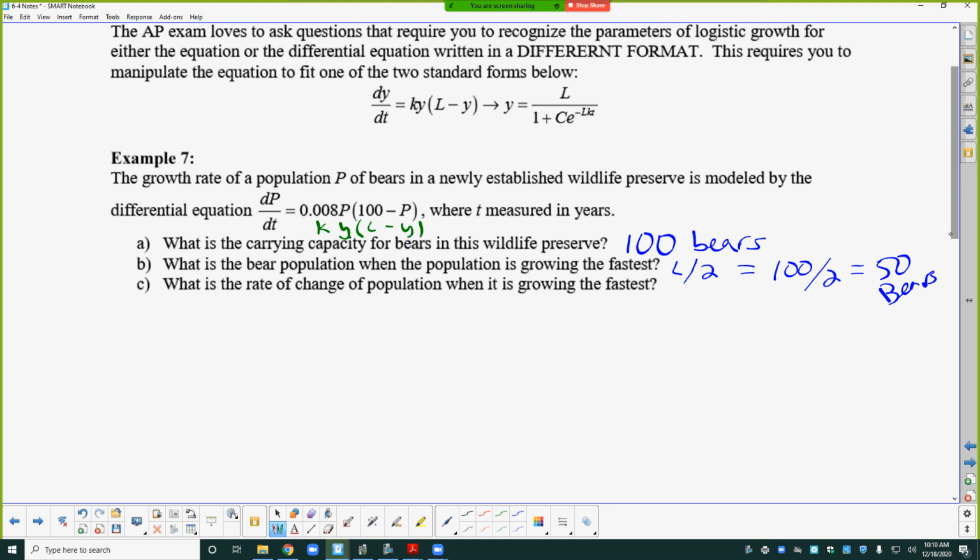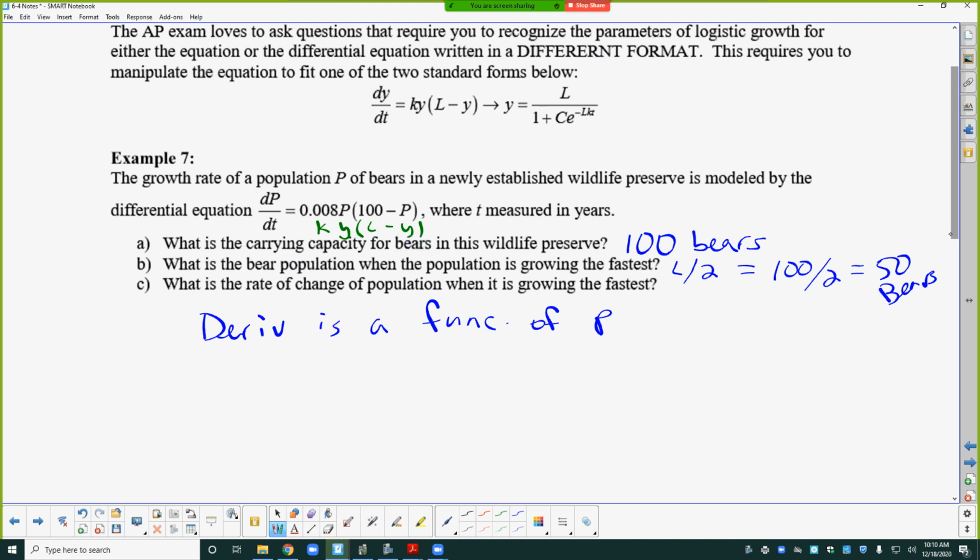What is the rate of change of the bear population when the population is growing the fastest? In this problem, the derivative rate is a function of p. We could take the derivative, but if I did that, then I'd have to solve for t and substitute t in.